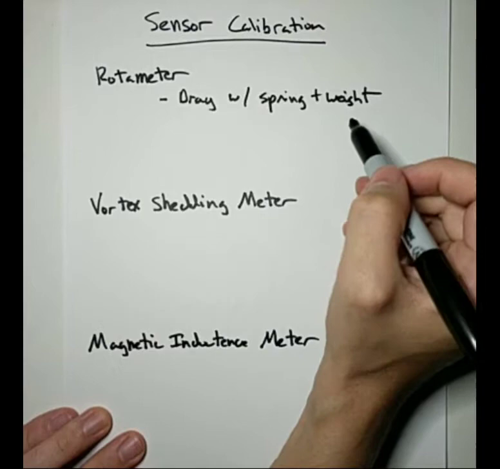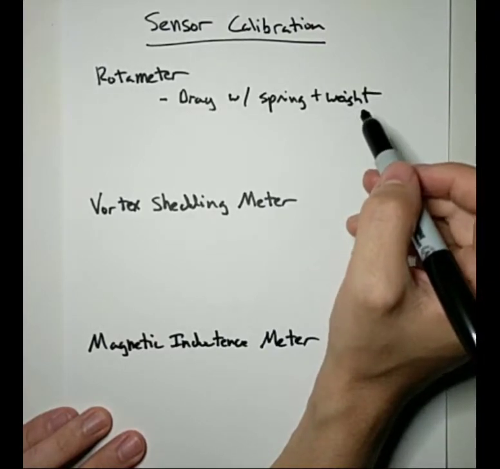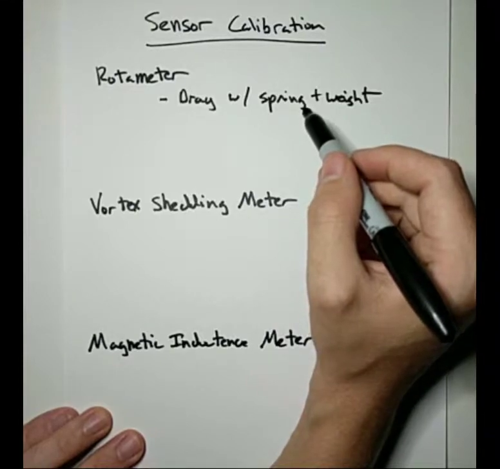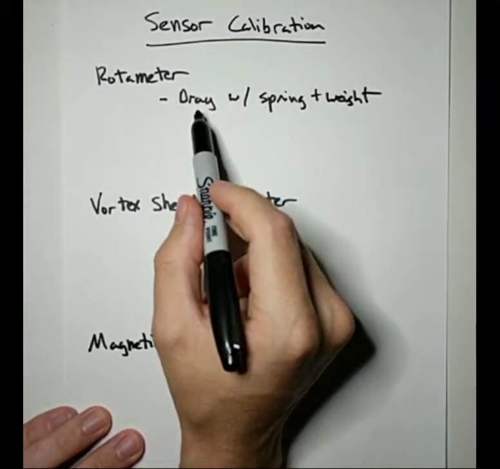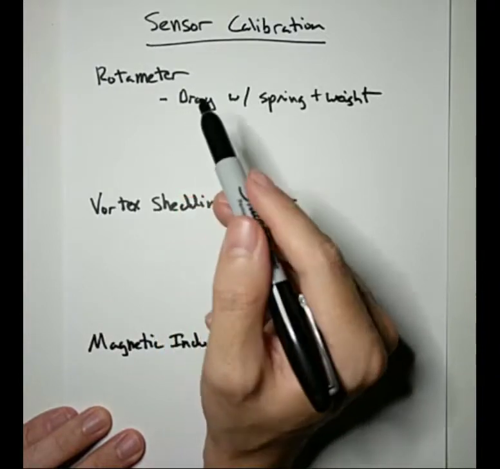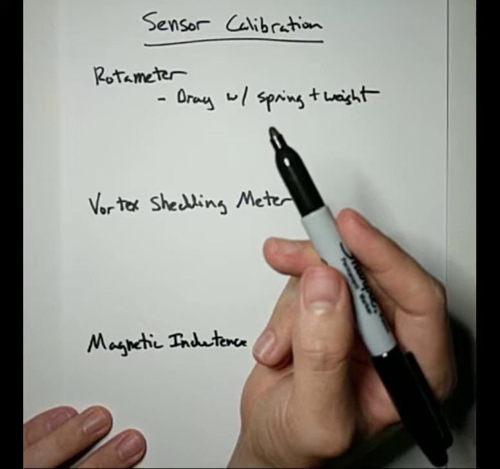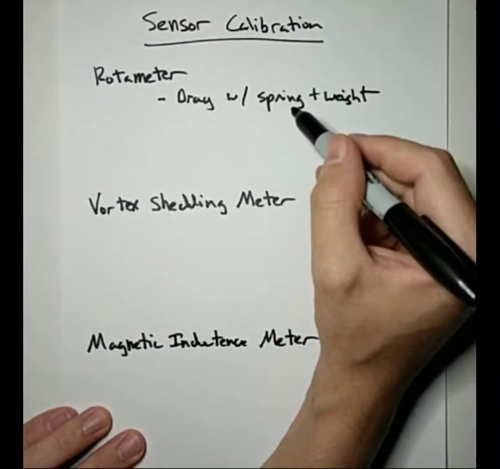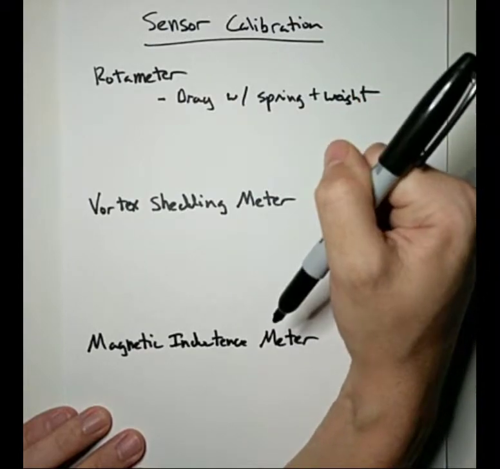So there is a bobber that's in the flow path, and it's got a spring behind it. So as water flows over that bobber, drag is created, and that tries to push it up in the column. The weight of the bobber, with gravity affecting it, and the spring try to push it back down.